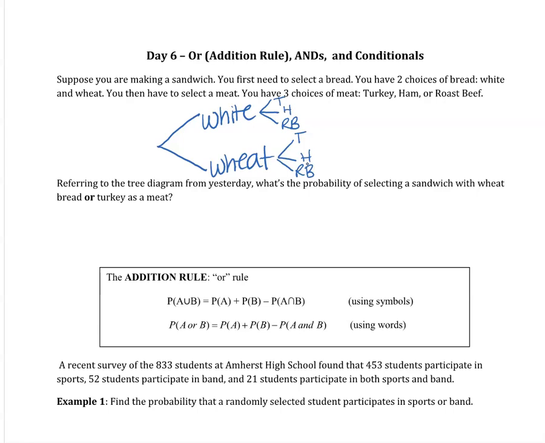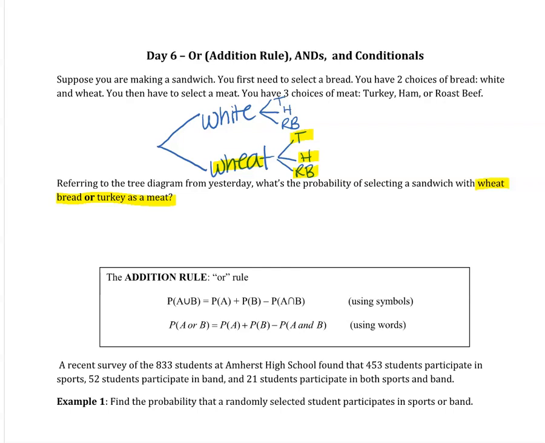6 possible options of sandwiches. Referring to the tree diagram from yesterday, what's the probability of selecting a sandwich with wheat bread or turkey as a meat? So if I look at my diagram, I see with wheat bread, there are 1, 2, 3 out of the possible 6 options that satisfy wheat bread.